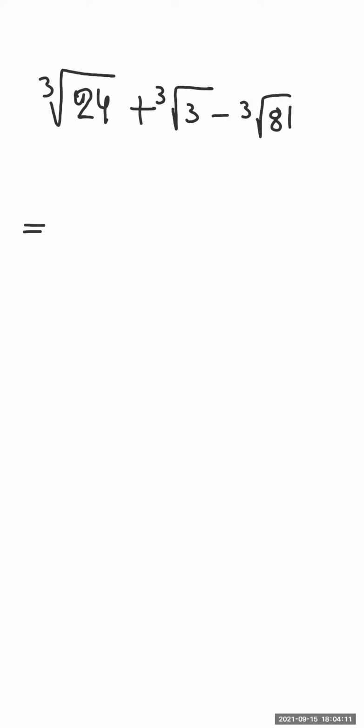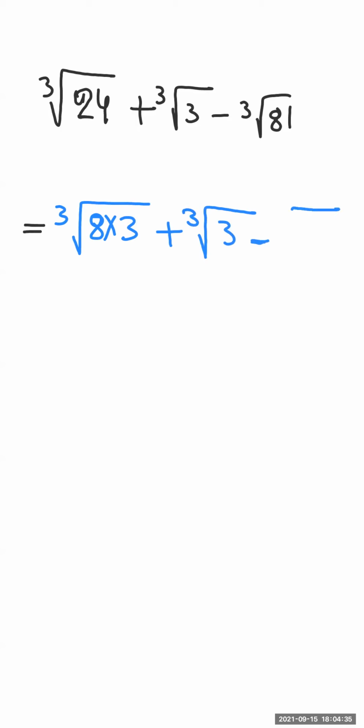So 24, I'm going to factorize the number into 2 factors, one of them a perfect cube, like 24 is the cubic root of 8 times 3, plus cubic root of 3 already in the simplest form, minus cubic root of 81, actually 27 times 3. 8 multiply 9 equal 81.